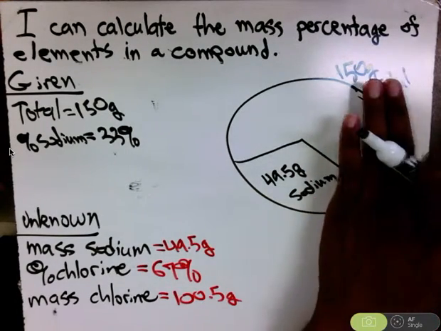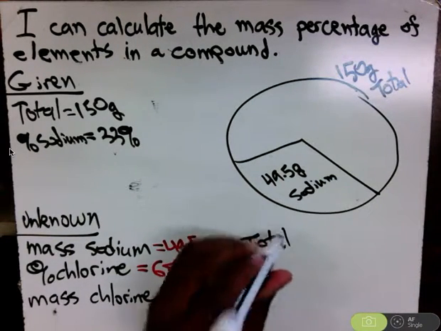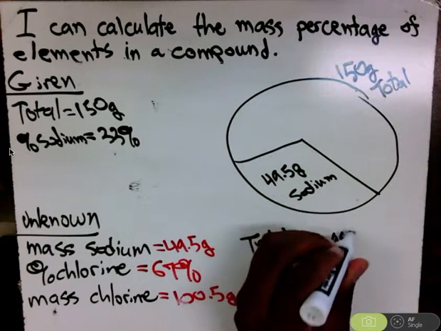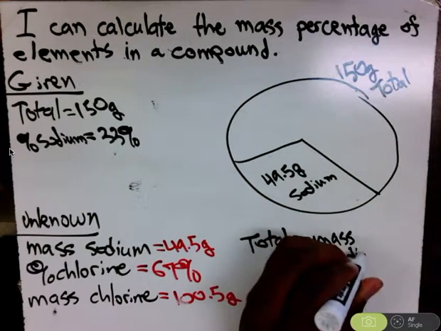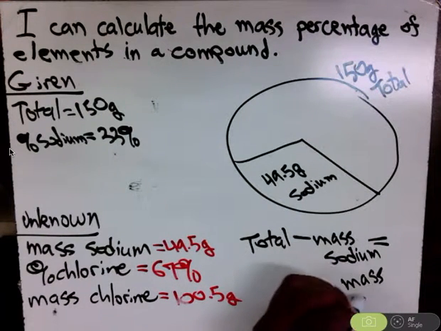Well, I can just take the total, 150, minus the mass of sodium. And that will give me the mass of chlorine.